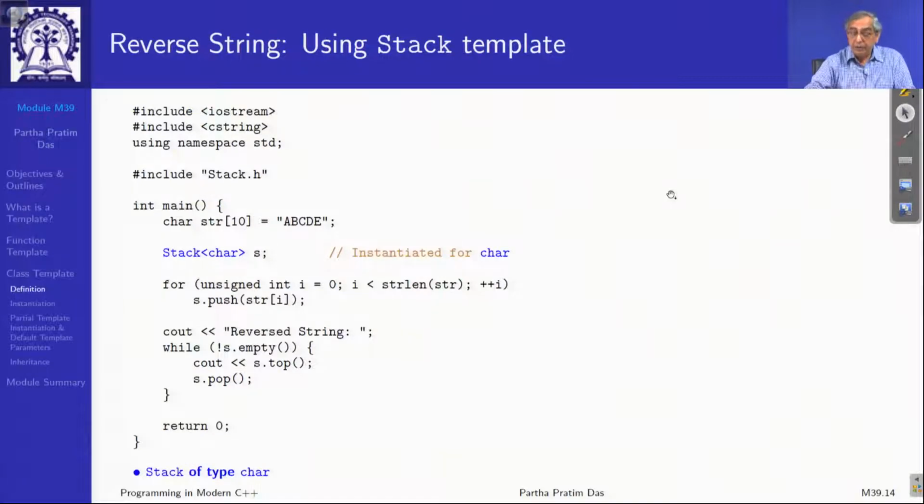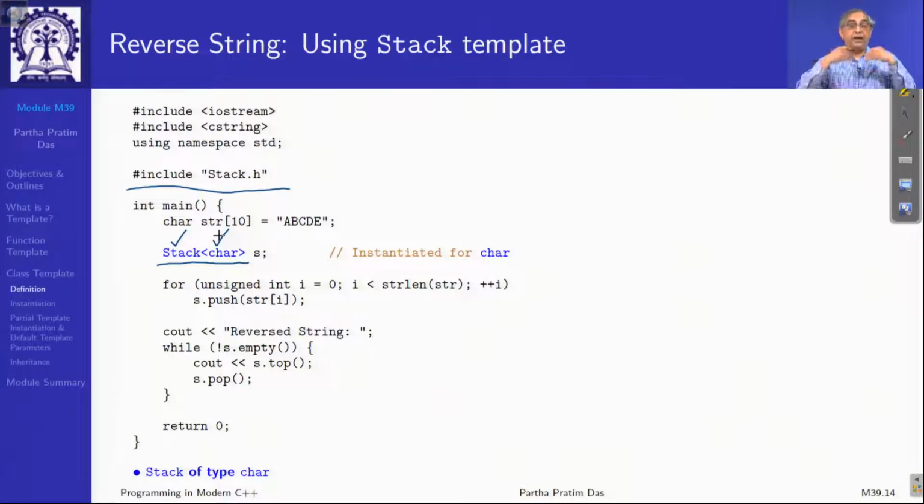So, how do we use it? Once we have got that template defined, as we have done in this header file, we use it in a manner which is very similar to the way we did in case of function. We had the function name followed by the type being instantiated within angle brackets. Here we have the class name followed by the type. So, this defines a stack of character.